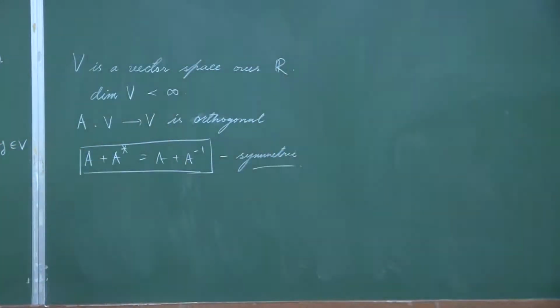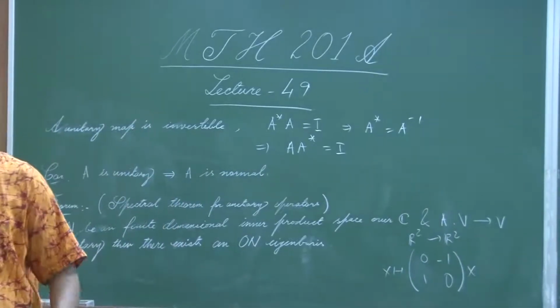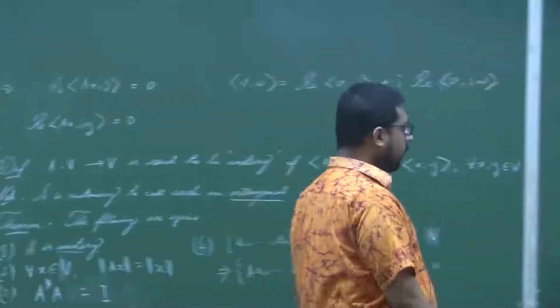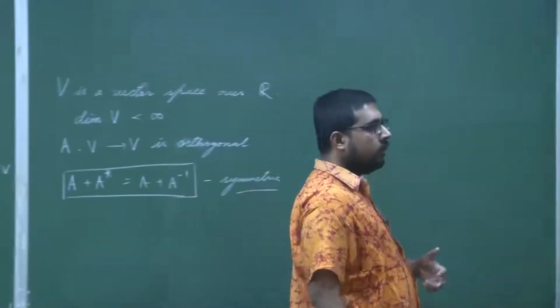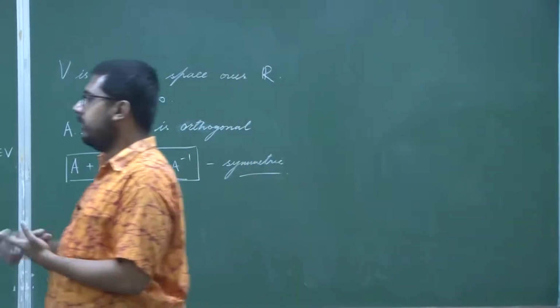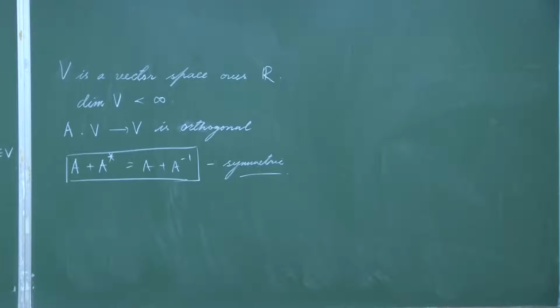The reason for bringing this symmetric operator is that symmetric operators do have a spectral theorem. So try to understand that. By a self adjoint operator, if it is over R then it is symmetric.